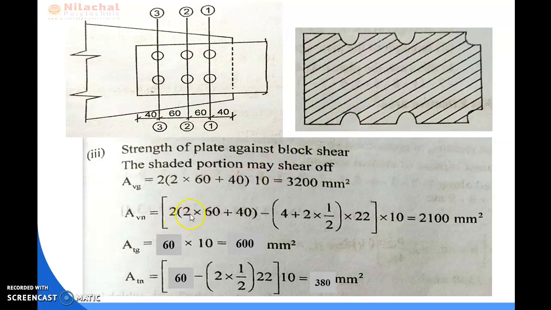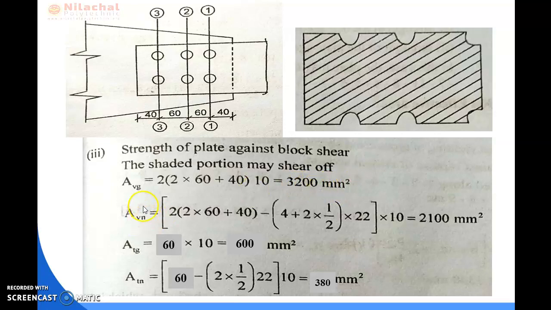So 2 into 160, multiplied by the thickness of the block shear portion. The thickness of the block shear portion is equal to the normal thickness of the plate section, which is given as 10. So by multiplying all these, we got the value of Avg as 3200 mm square.